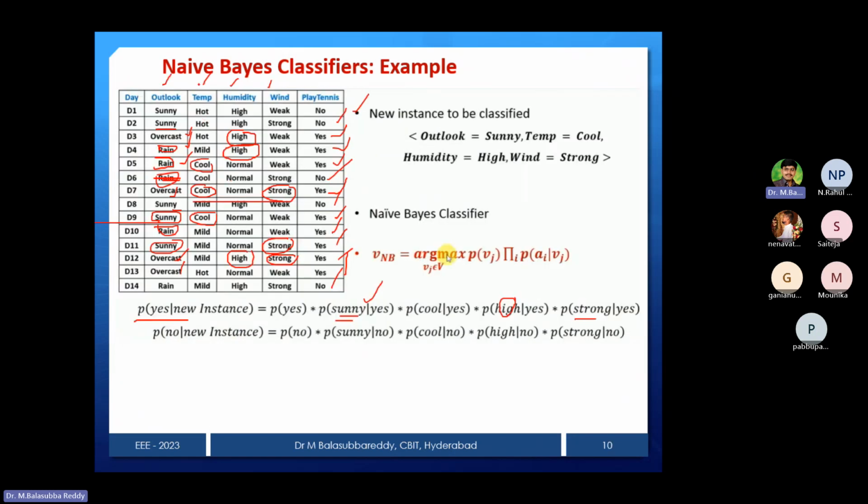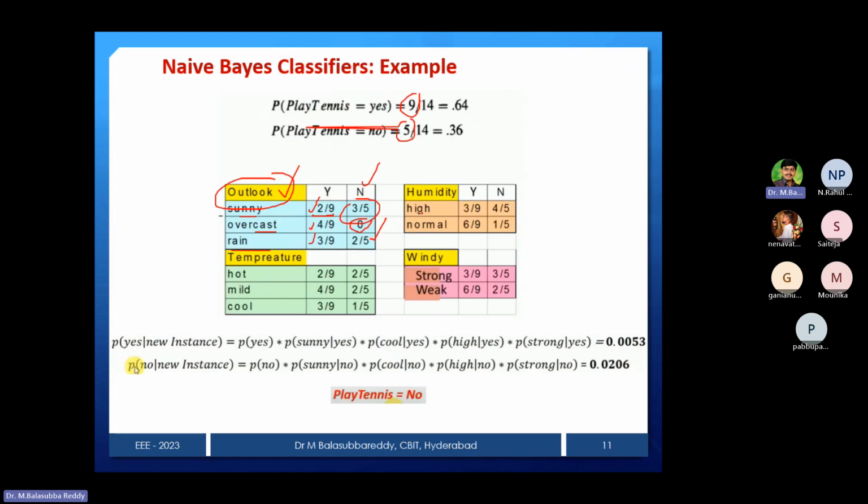Similarly, what is the next feature? Take it as a temperature. How many instances? Hot is one instance, mild is another instance, cool is another instance. Like that, 3 instances you can write and make a probability. What is the probability? Humidity, temperature, hot, mild, cool. In that, how many times yes? How many times no?